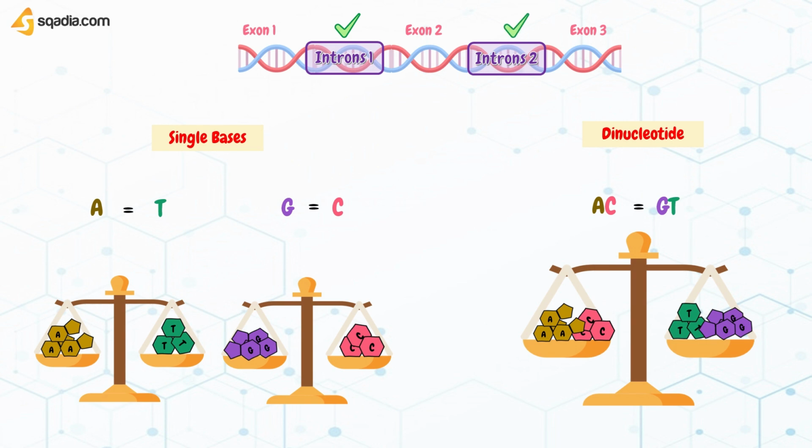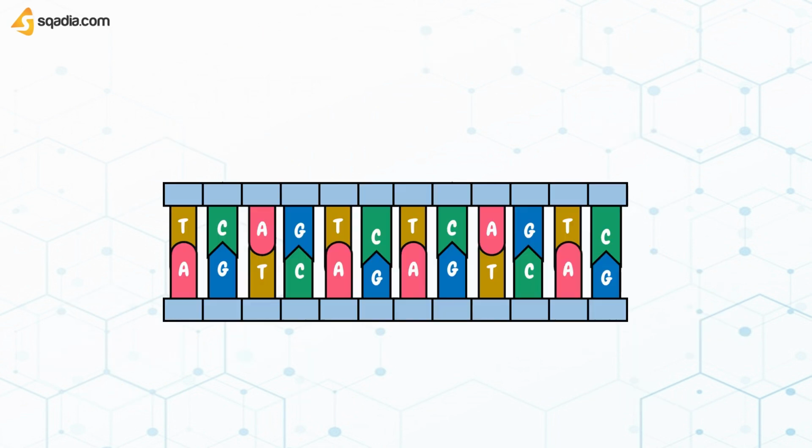We can say, if there are 6 thymines, there will be 6 adenines.